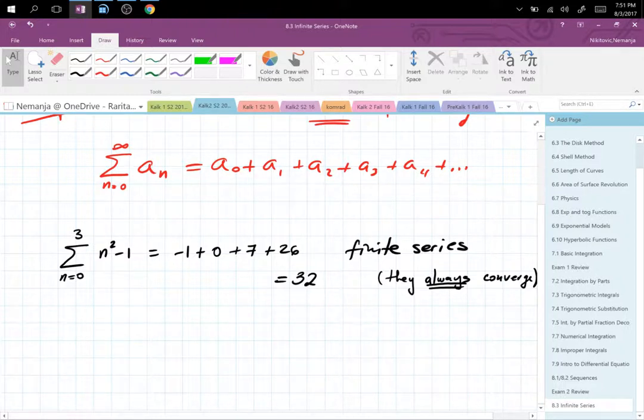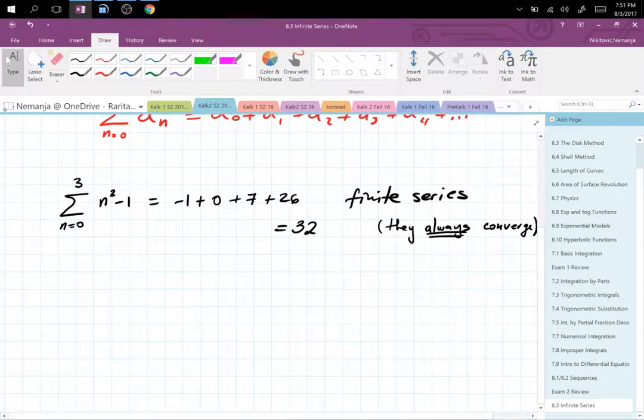So let's see, what does it mean for a series to converge? Again, this is not the honors section of the calculus class, but I'll show what it means for a series to converge, and then from that point on we will be looking for convergence or divergence. So here it is.